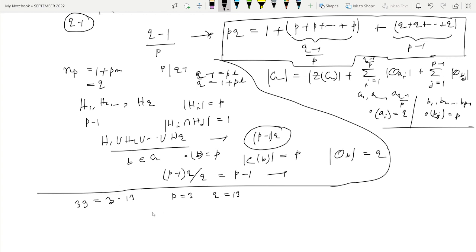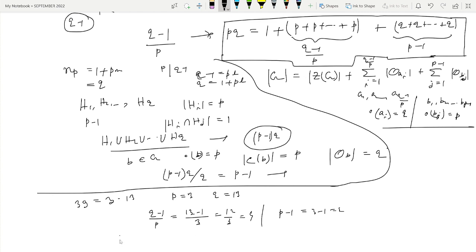So it will be (Q minus 1)/P times, that is (13 minus 1)/3, that is 12 by 3, that is 4 times P plus P plus P, and also (P minus 1) times Q plus Q plus Q. So that is 3 minus 1, 2 times.